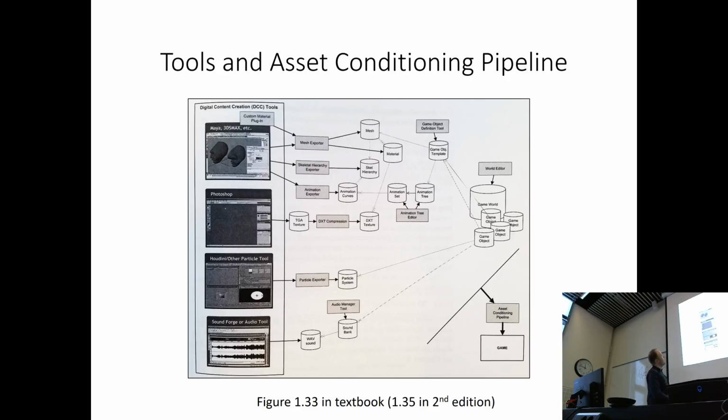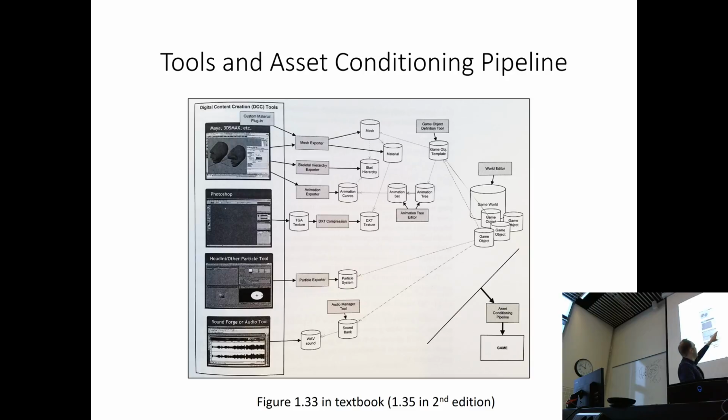So the conditioning pipeline is the pipeline that takes those assets and prepares them for the game. And those can be several different steps that you go through. Maybe completely changing formats, optimizing the formats and stripping away stuff that your game doesn't care about. Combining things. I mean, you need to combine things like textures and meshes at some point to build a character, for example.